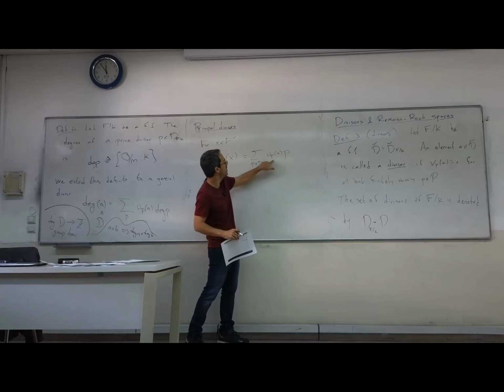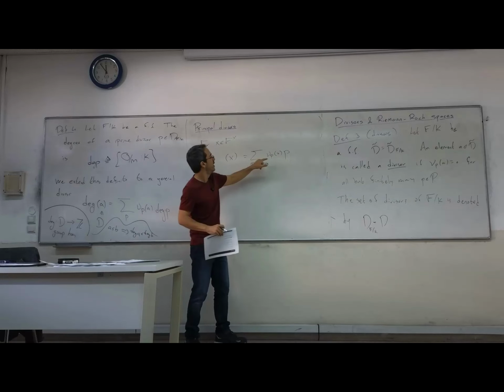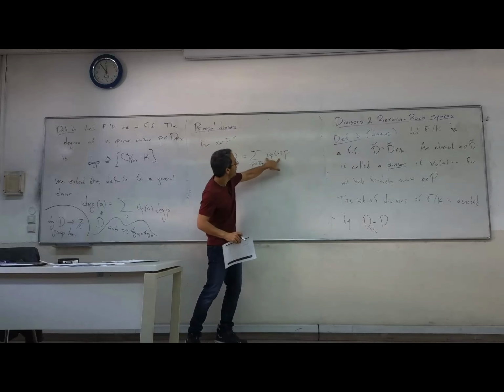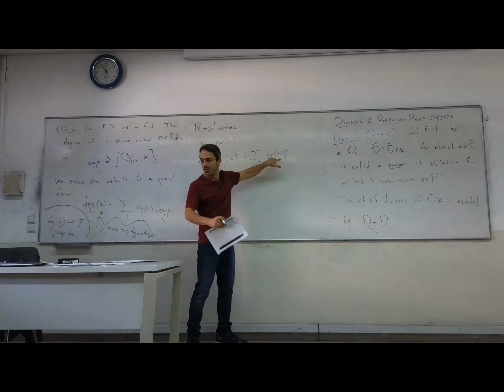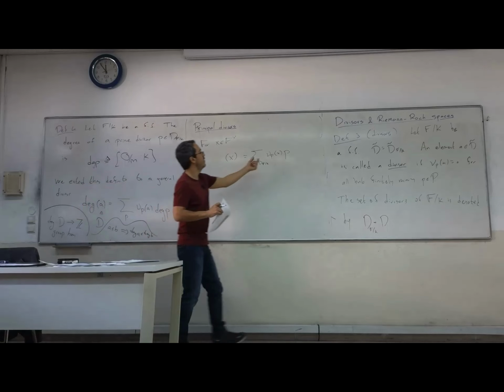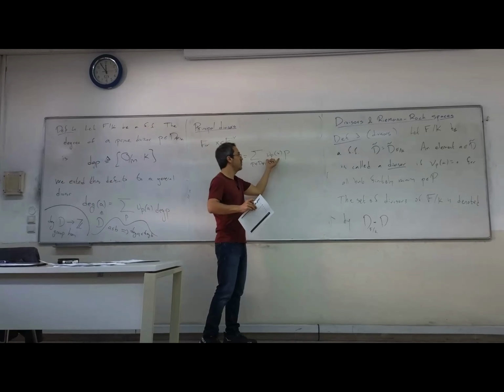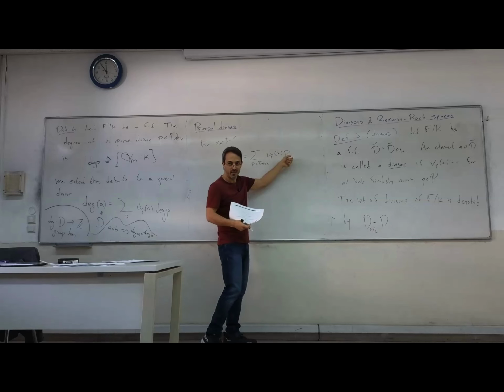If you have 5 here, it means that p is a zero of multiplicity 5 of x. And if this number is 0, then it's not a zero and not a pole. And if it's negative, say -2, then x has a pole of order 2 at p. That's how you should think of it.